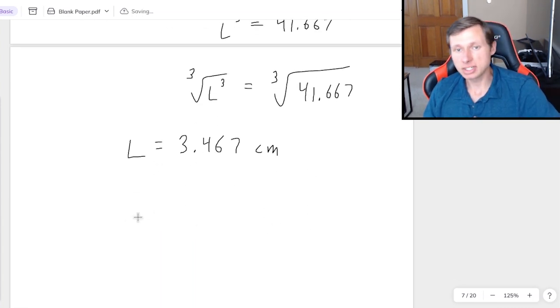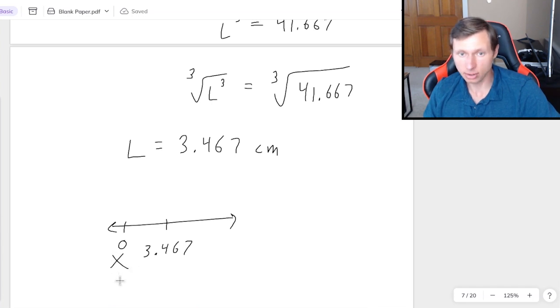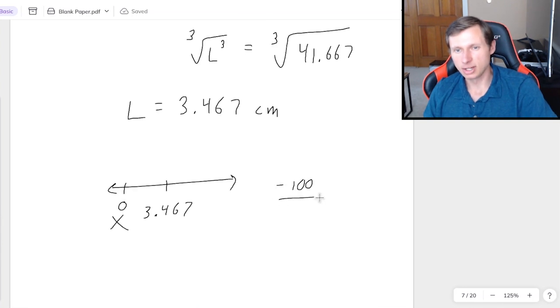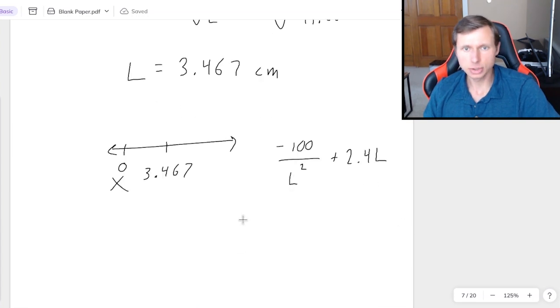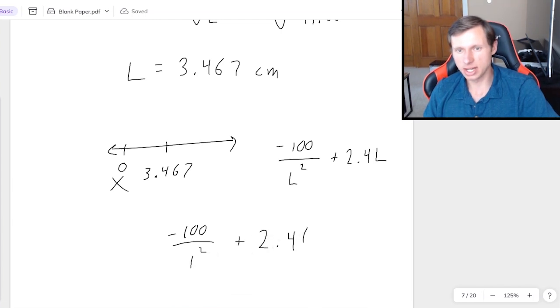And again, I still have to test that this is a max or min by plugging in a number line. Don't forget 0 is going on this number line too, because even though it's not a critical point, it's a domain error. So I cannot choose numbers 0 or less to test with. And I'm plugging this in the derivative, negative 100 over L squared plus 2.4 L. So first I'll test a number like 1, negative 100 over 1 squared plus 2.4 times 1.